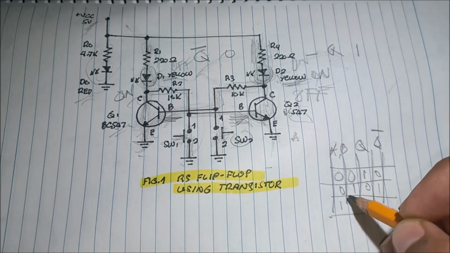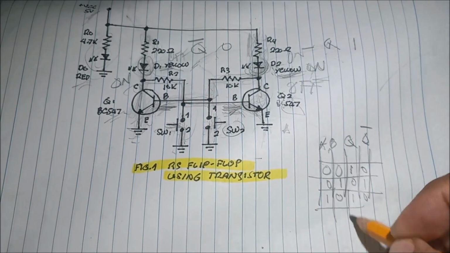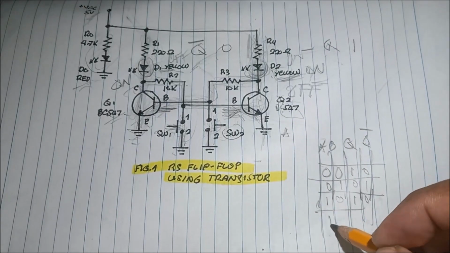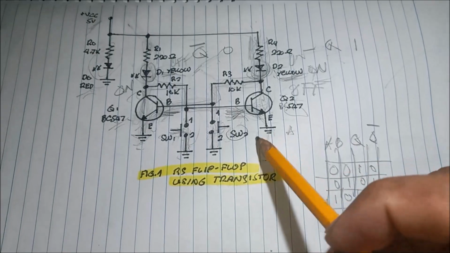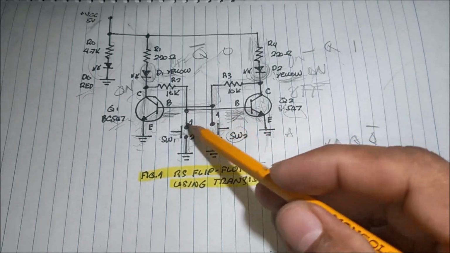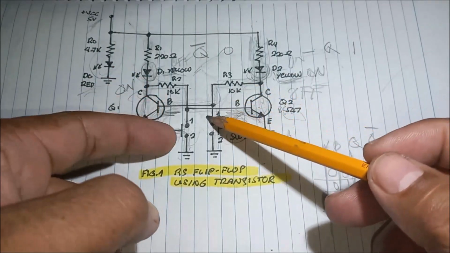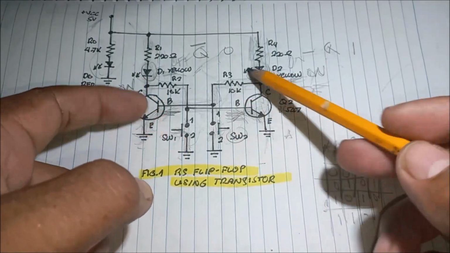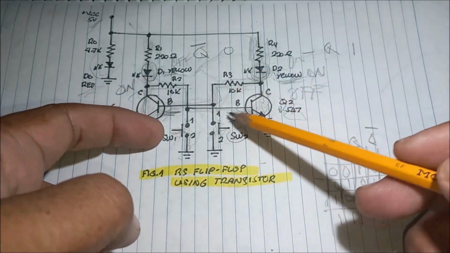If the other one is 1 0. If we're pressing both, there is no output. If we press both switches, we cannot tell whether it is on or off, either of the two outputs, it's indeterminate.